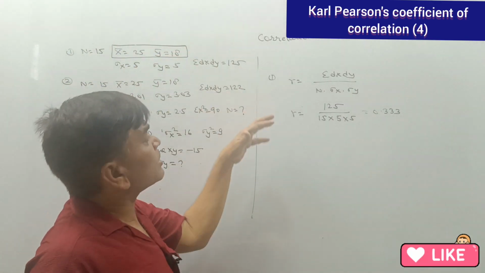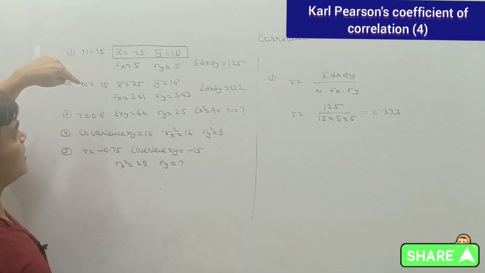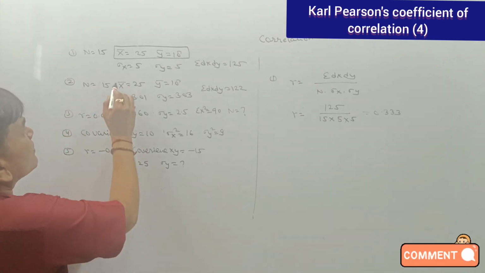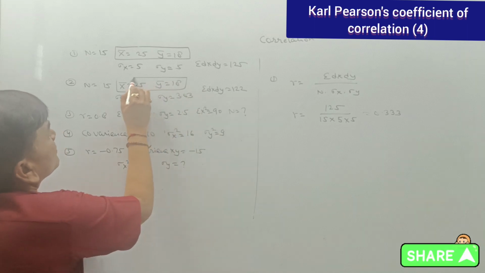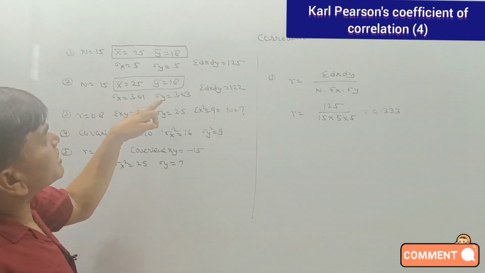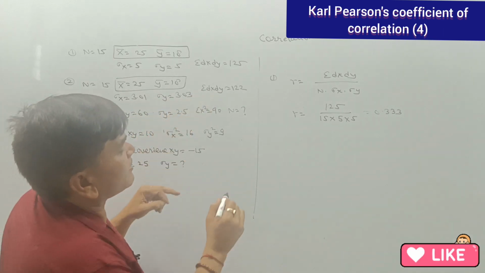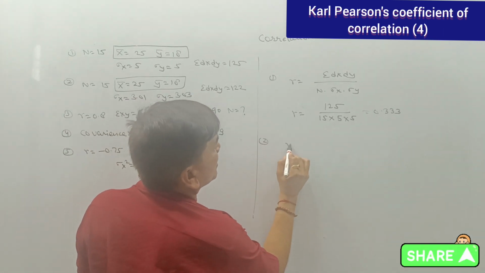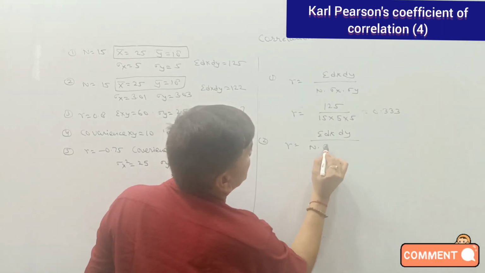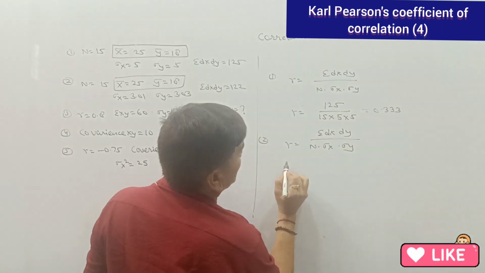For more command on this, I have selected another question. Here n is 15, and x bar and y bar are also given, but they are not used. Standard deviation x, standard deviation y and sigma dx dy are given. So in the second question, r is equal to sigma dx dy upon n multiplied by standard deviation x multiplied by standard deviation y.